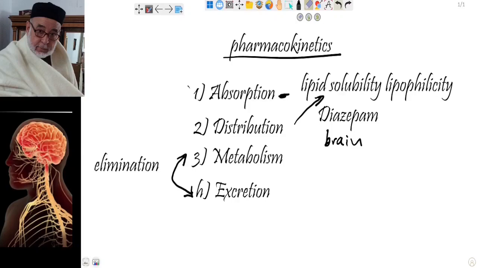If they have a high lipid solubility, they will be metabolized by oxidation in the liver. So highly lipophilic benzodiazepines will be oxidized in the liver first. Then they will be conjugated. If the first is oxidation, the second will be conjugation.